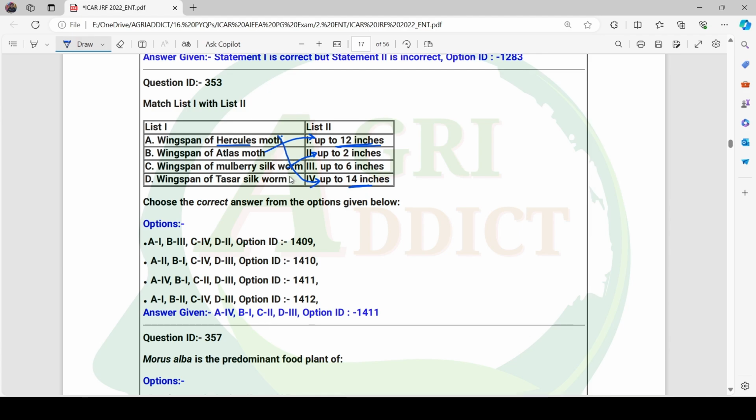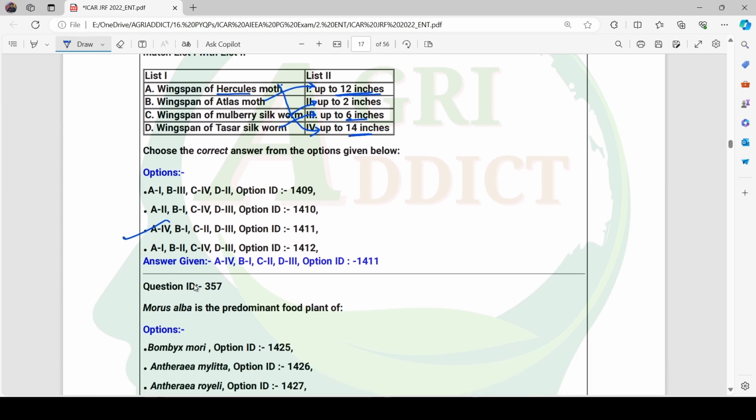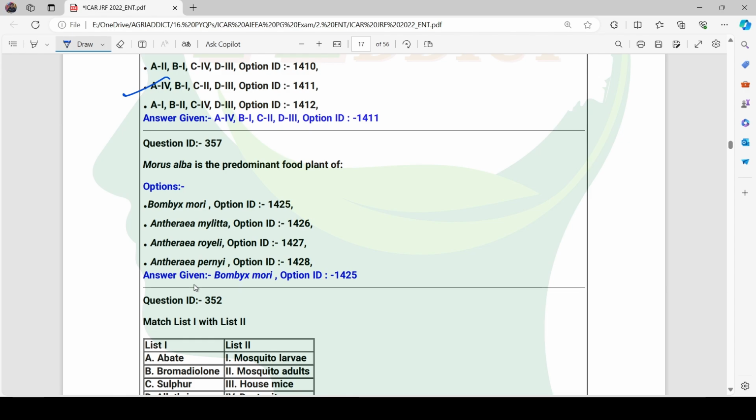But the tasar silkworm is moderately large, up to 6 inches. So option 3, A4, B1, C2 and D3, is the correct answer. Morus alba, or the mulberry, is the predominant food plant of Bombyx mori, or the mulberry silkworm.